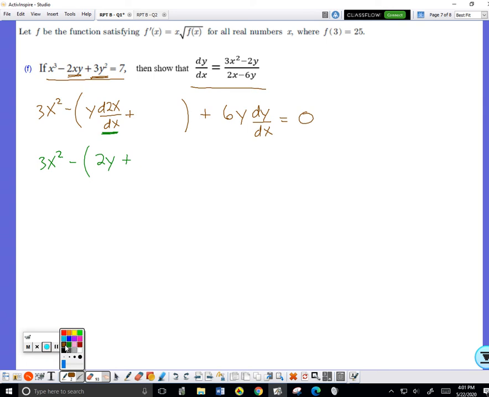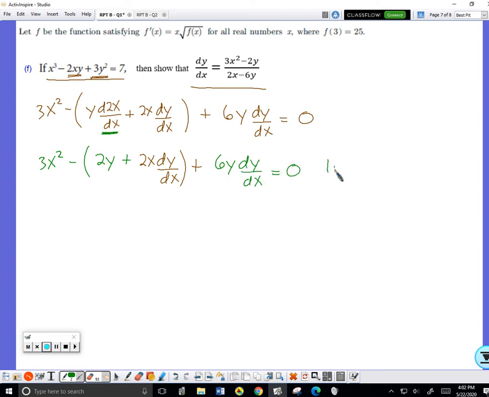Good example of going slow and careful, caught that one. Should have written 2x times dy dx. So 2x times dy dx plus 6y dy dx, all equal to 0. Get that far, they will give you 1 point so far.